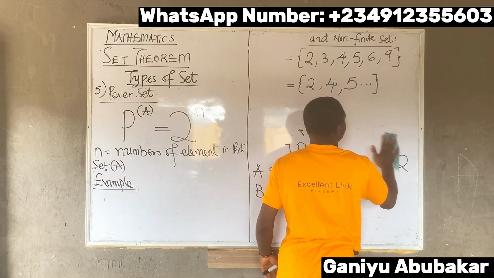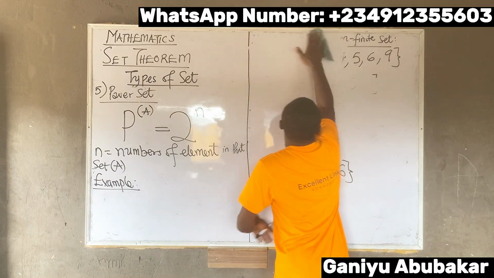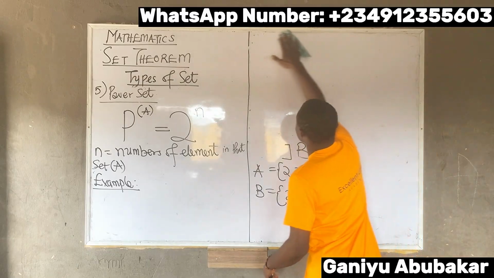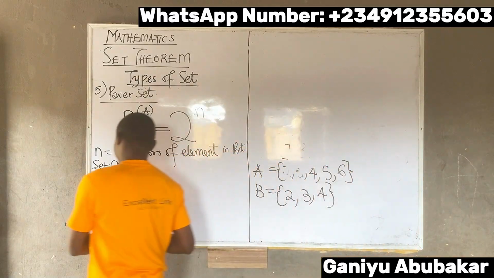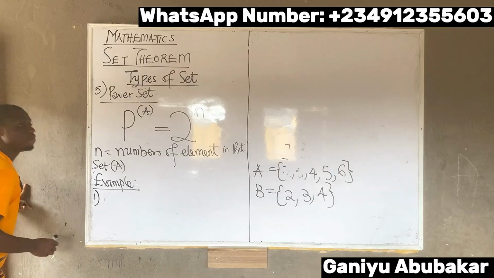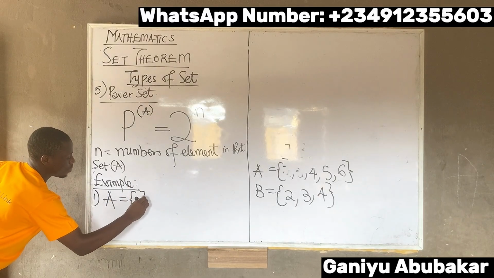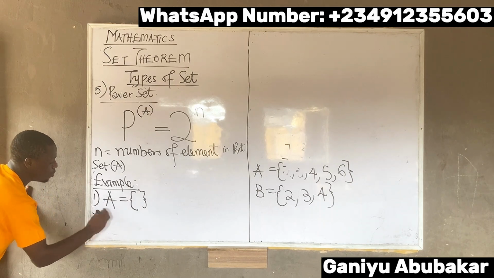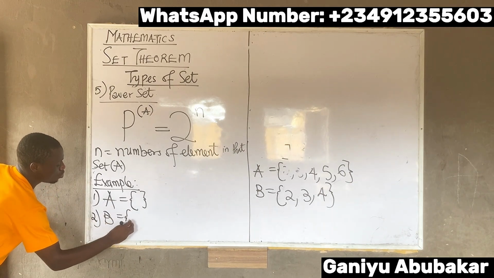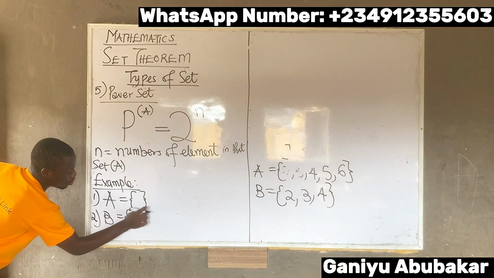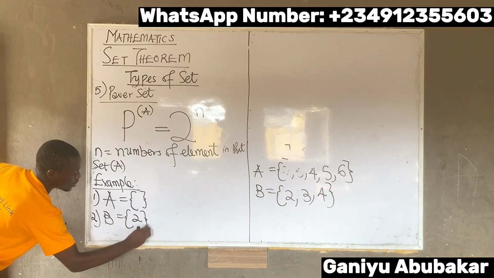You have them here. Okay, shall we? First things first, question 1 says A is equal to an empty set. Question 2, B is equal to, let me just use 2, a single-element set.